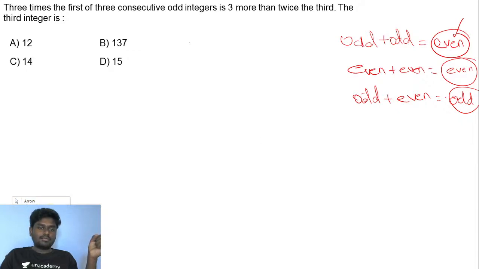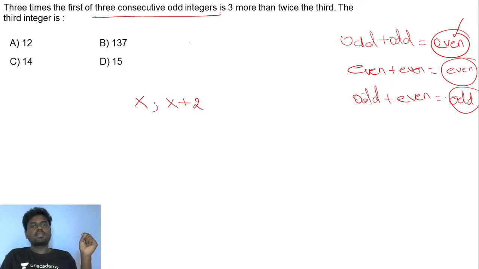So if you want 3 consecutive odd integers, let me take x to be my first odd integer. The second odd integer will be x plus 2. The third odd integer is x plus 4. So these are my 3 consecutive odd integers.